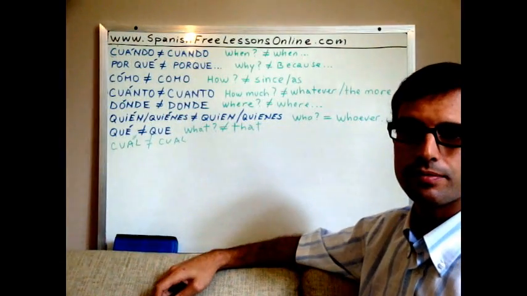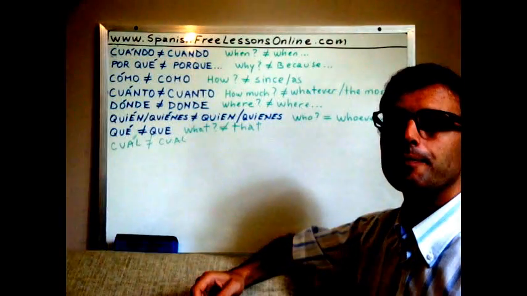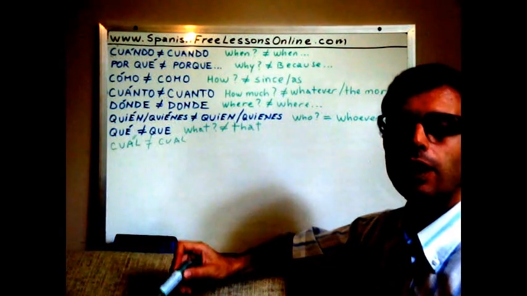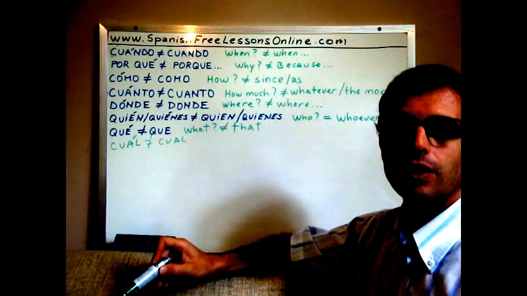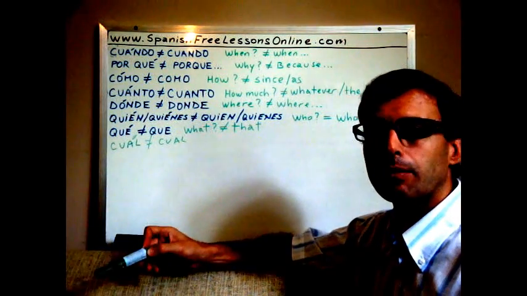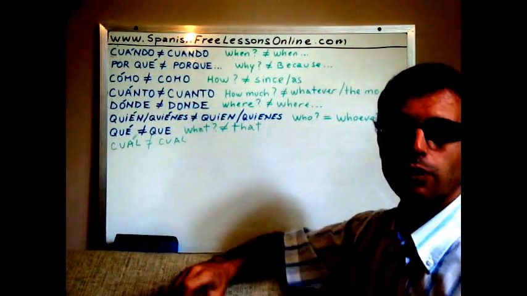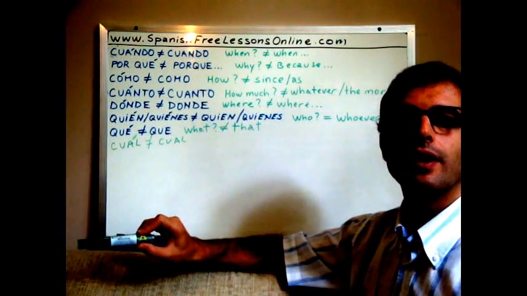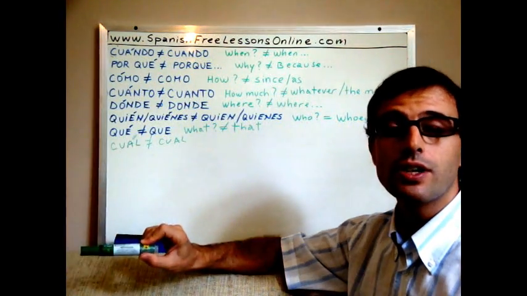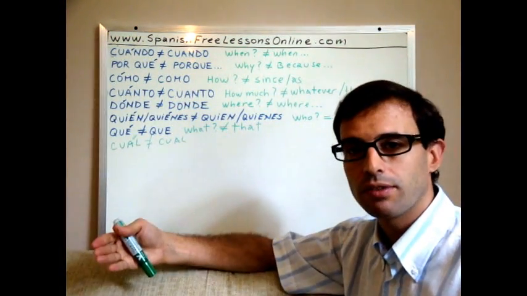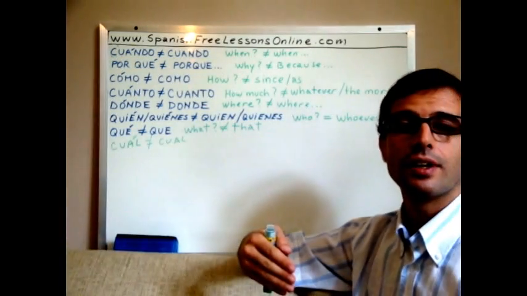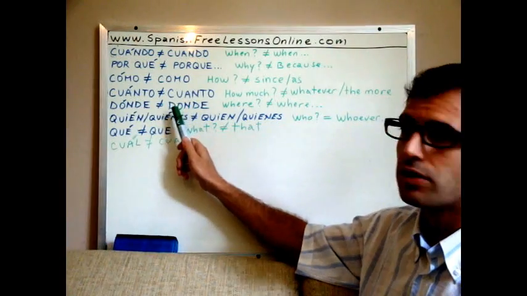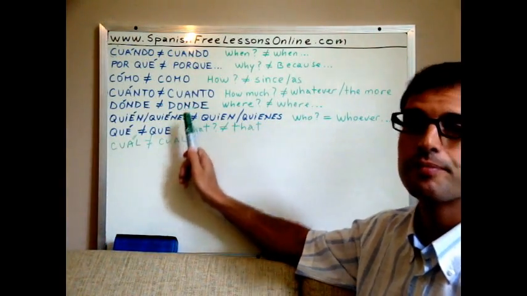Donde sea que estés. Or another case, él guardó la manzana donde debe estar. He kept the apple where it should be, right? Where it belongs. So that where, right, it does not refer to an inquisition, to an interrogation, but to the information of the answer, okay? Or it's an affirmation. So that is the donde that does not carry the tilde, yes?